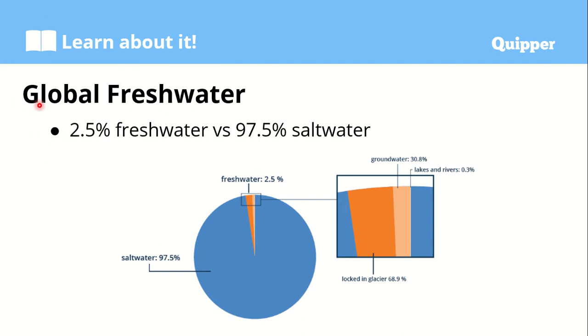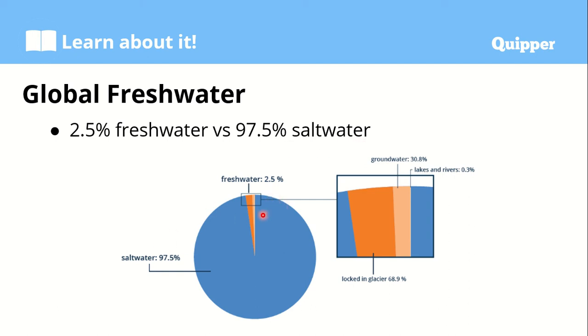So let us take a look at the global fresh water. It is proposed that 2.5% of the Earth's water are fresh water, while 97.5% are salt water.